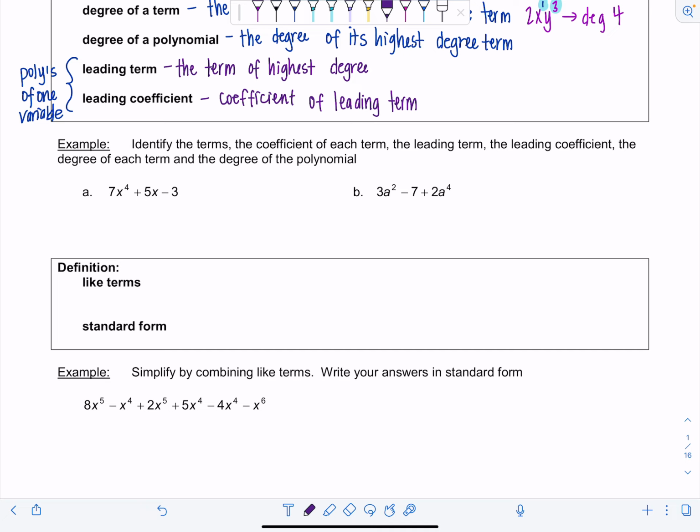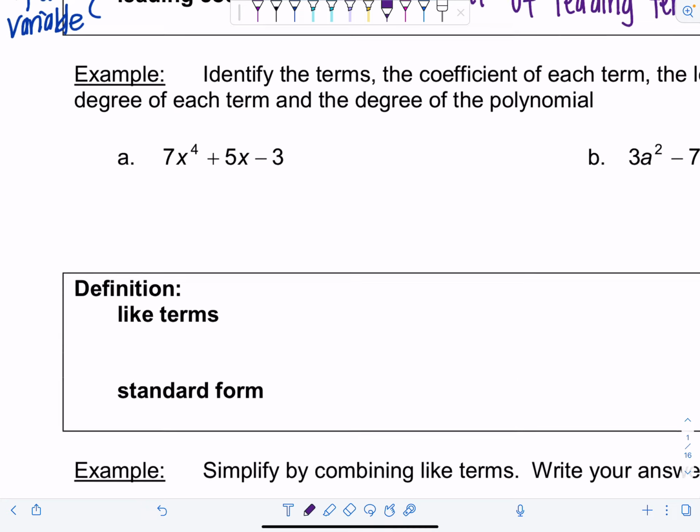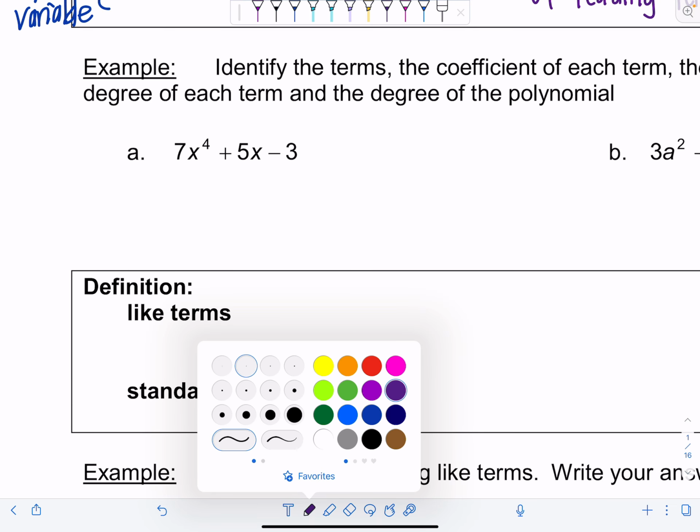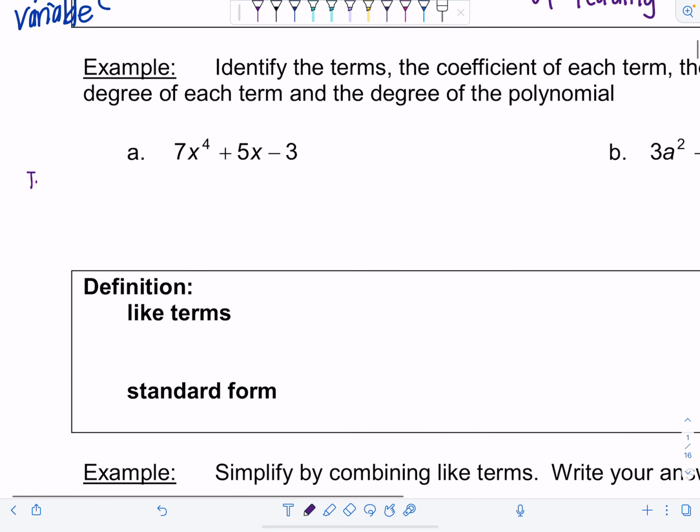All right, we're going to list out each of the terms here. Let me zoom in. So let's list out the terms. And then it wants the coefficient, the degree, and then we'll answer the last two parts after.